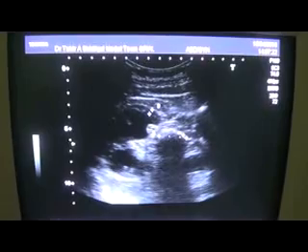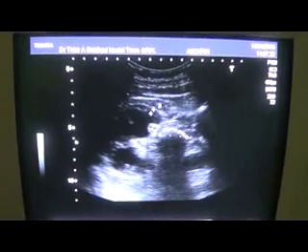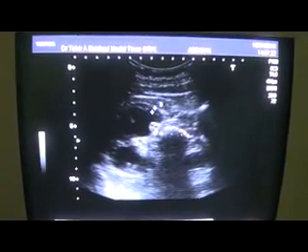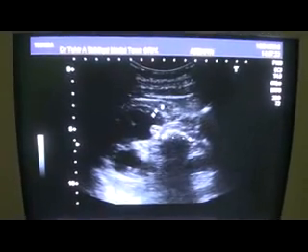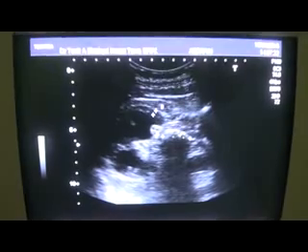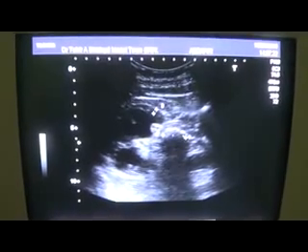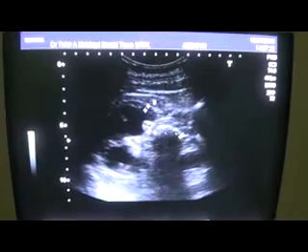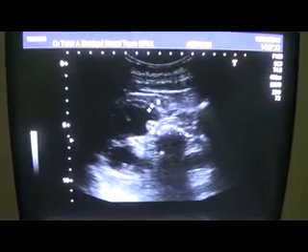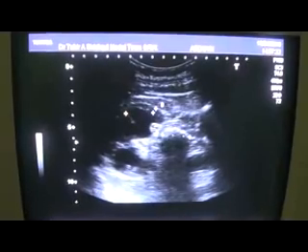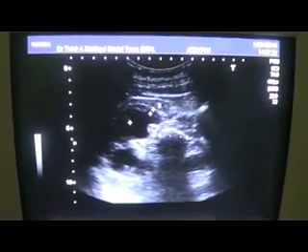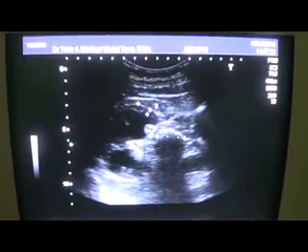So though there are multiple calculi seen within the hydrofluid, dilated calyces, the reason is that this impacted calculus has led to all these findings as you are seeing, and this linear structure is suggestive of dipping sign of massive hydronephrosis.